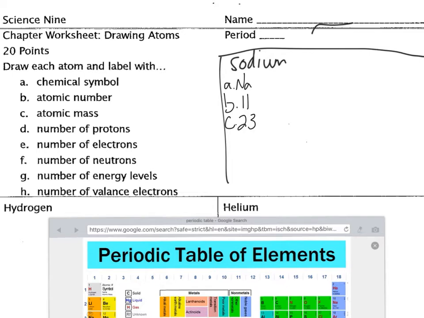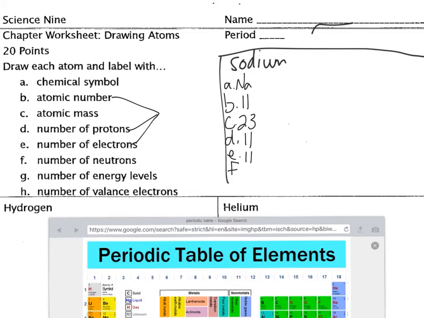Number of protons is 11. Number of electrons is 11. Remember, atomic number equals protons. The number of protons equals the number of electrons. So we want all those three to always be equal. Then neutrons. To figure out neutrons, that's not on the periodic table. So what you have to do is take the mass number.